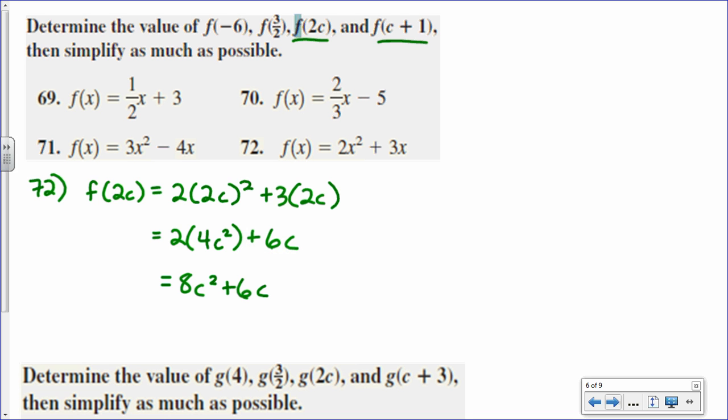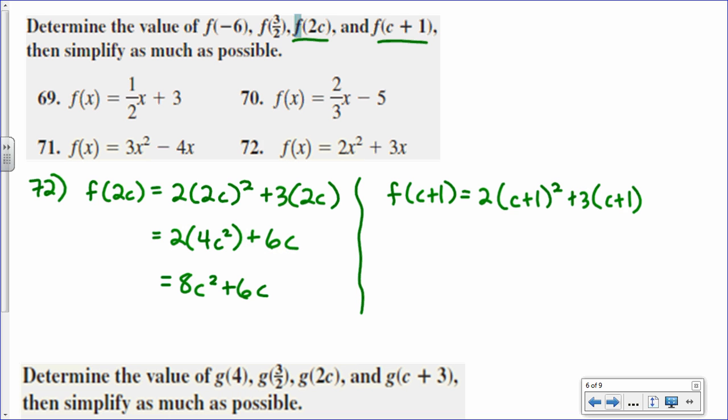All right, now let's do f of c plus 1. Okay, order of operations, exponents first.